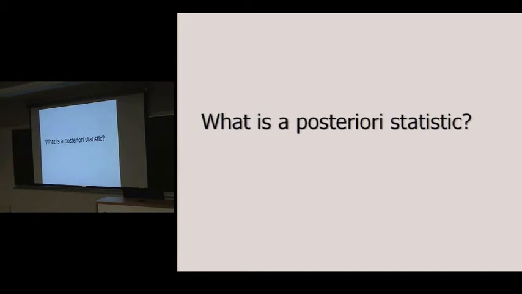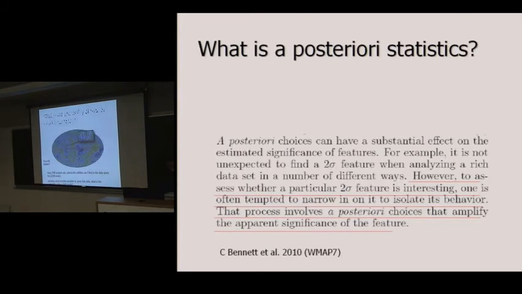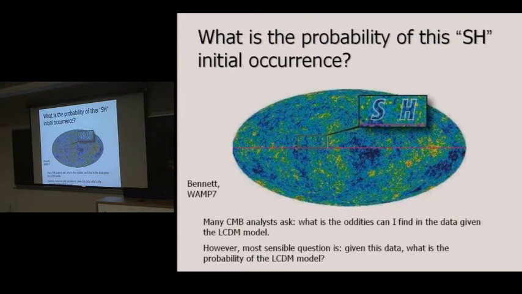Okay. So the reason is that there is an a posteriori statistic going on. And what is a posteriori statistic? Here, this plot, these kinds of shapes basically characterize this problem of a posteriori statistics.